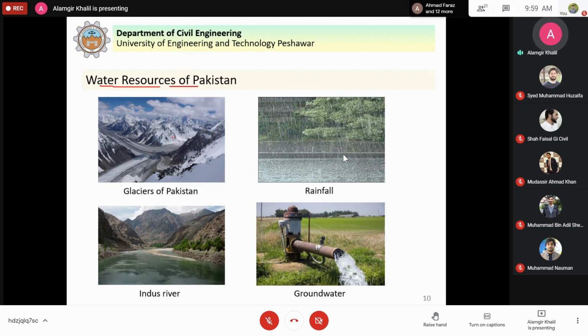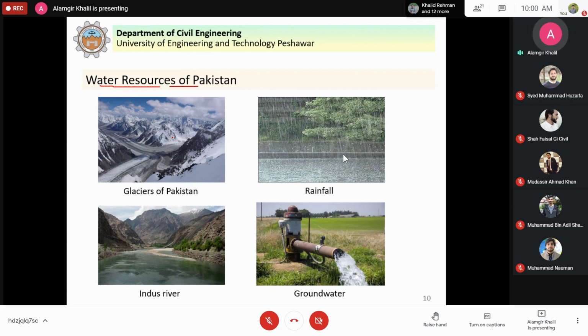And we have the groundwater that we are pumping. You see here in our city Peshawar, we are extracting groundwater and the quality is good. That's why without treatment we are supplying this water to our communities.